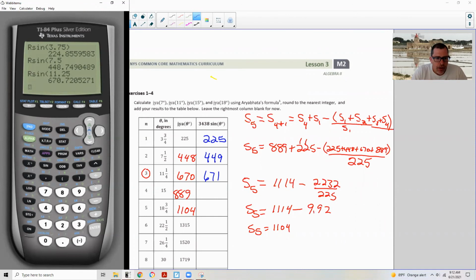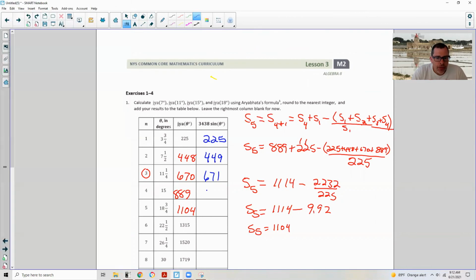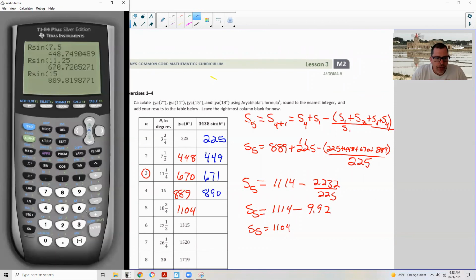Alpha r sine 15, just 15. Okay, and that will give us 889.8, which comes out to be 890. All right, and finally, alpha r sine 18.75, and I get 1105.